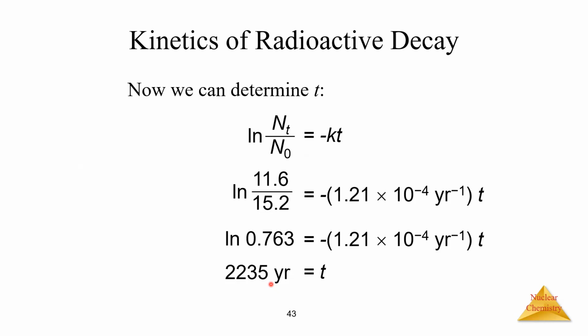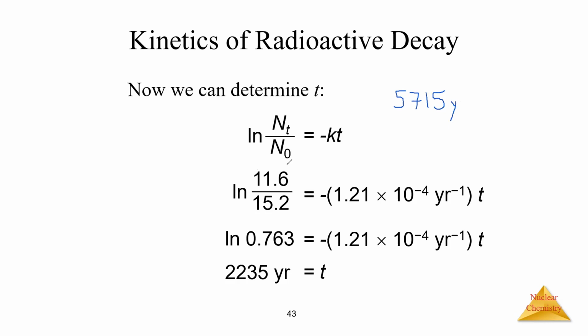And then with these types of questions, we can always think about if that value makes sense in terms of the question we're given. Because the half-life for this one was 5,715 years, I think, something like that. So it's going to take that long for half of this substance to decay.